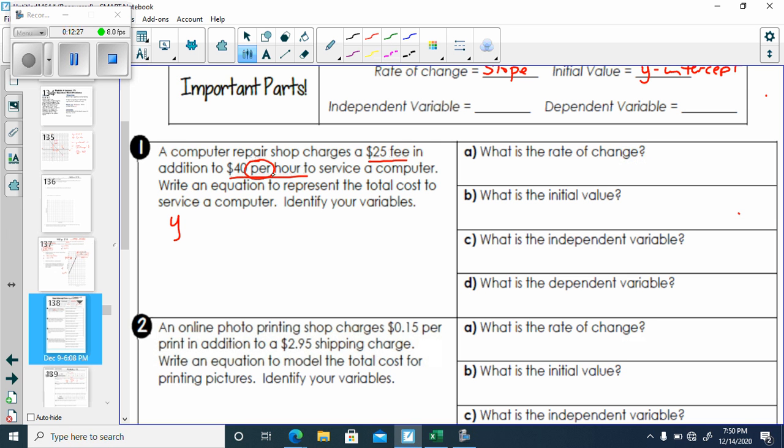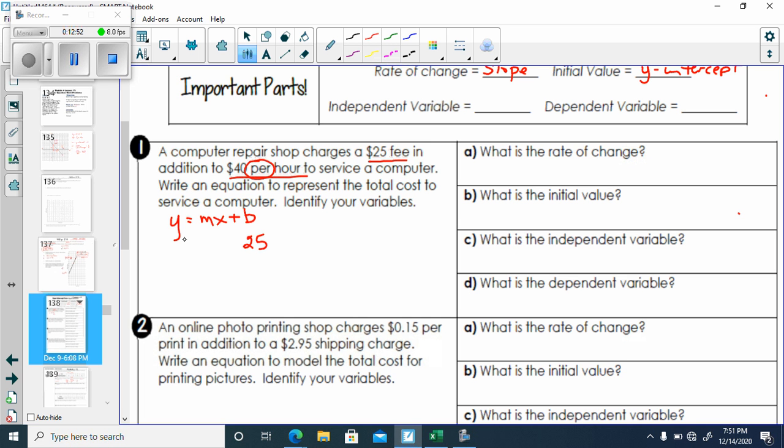Because we have a constant rate, we can write a linear equation. y is equal to mx plus b. Our b is our starting point. Where do we start? We start with $25. We're going to get charged $25 just by leaving the computer there, okay? Even if the guy goes, oh, you forgot to turn the on button on, you're getting charged $25.